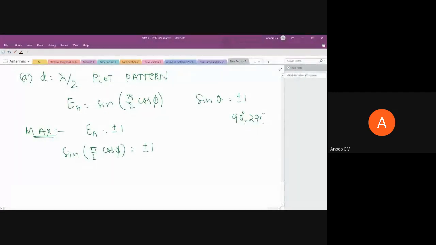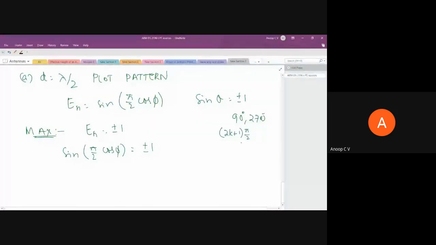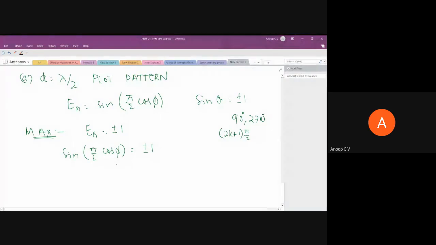In general I can write (2k plus 1) times pi by 2. For odd multiples of pi by 2, sine will take positive or negative maximum.